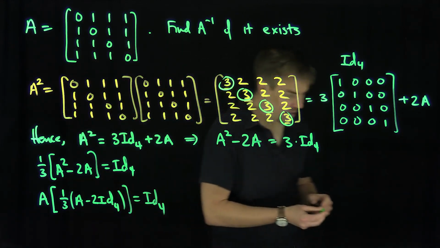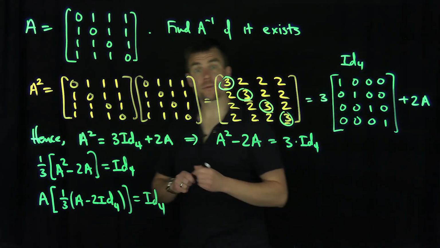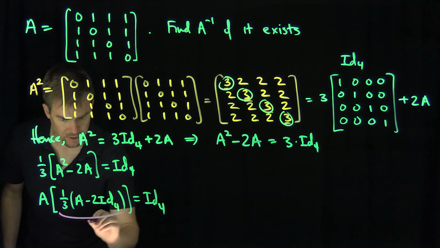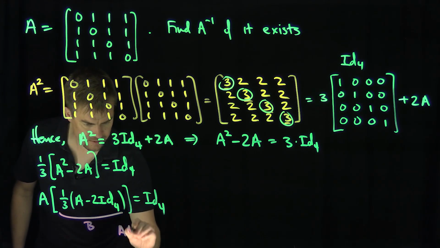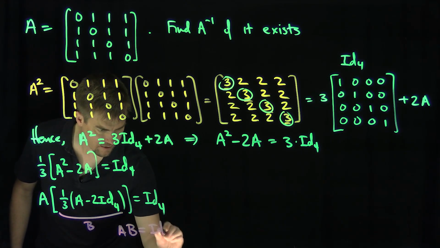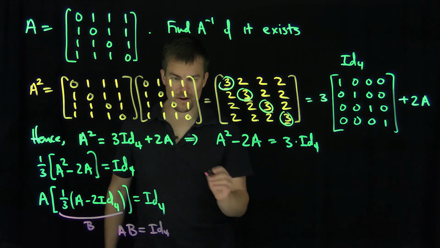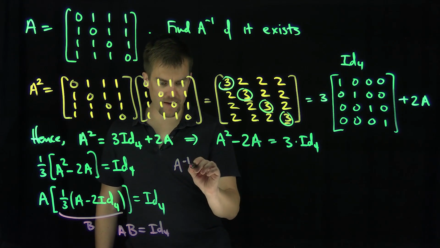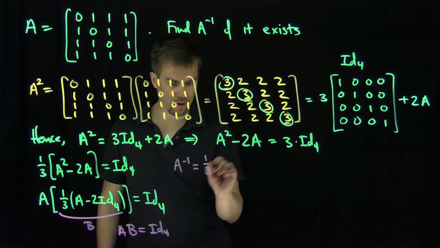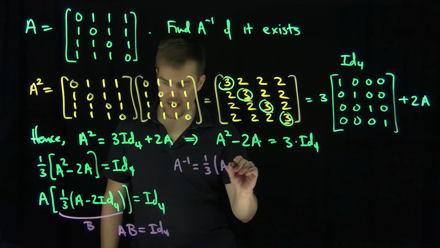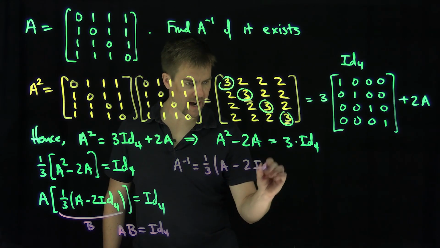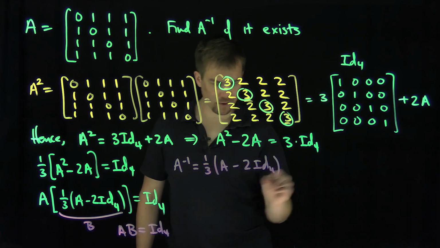Now remember that in order to find the inverse of a matrix, we need to find a matrix B. So if I call this matrix B, we see that A times B is the identity, and therefore B is the inverse of A. So hence we've just shown that the inverse of A has to be 1/3 of the matrix A minus twice the identity 4.